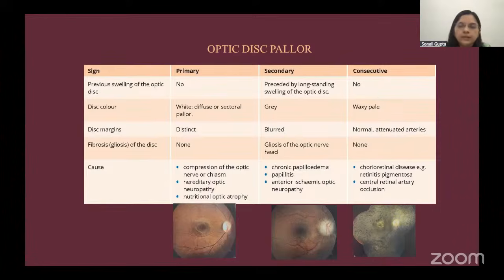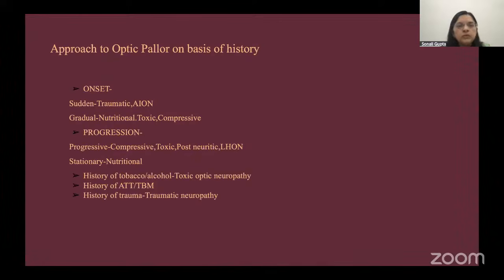So just looking at disc pallor, we cannot say it is a case of optic neuropathy. Doing a careful fundus examination can give us a clue of what might be going on. If the onset has been sudden in a patient with disc pallor, it could be traumatic optic neuropathy, which causes a sudden vision loss following a history of significant trauma, as well as disc pallor.